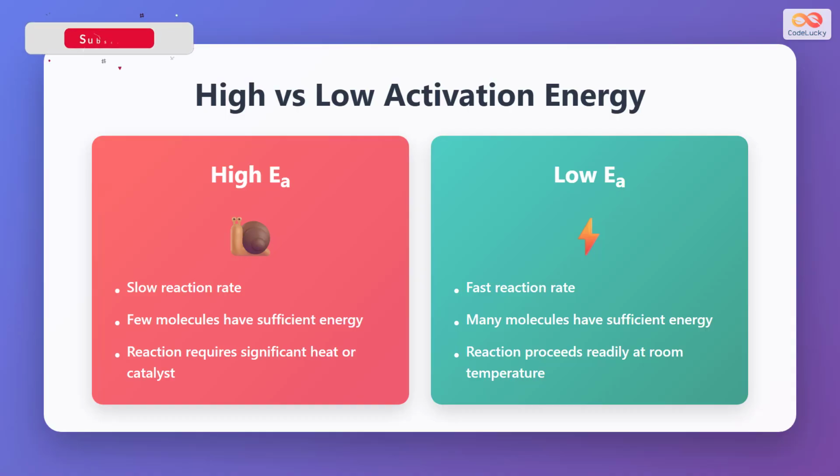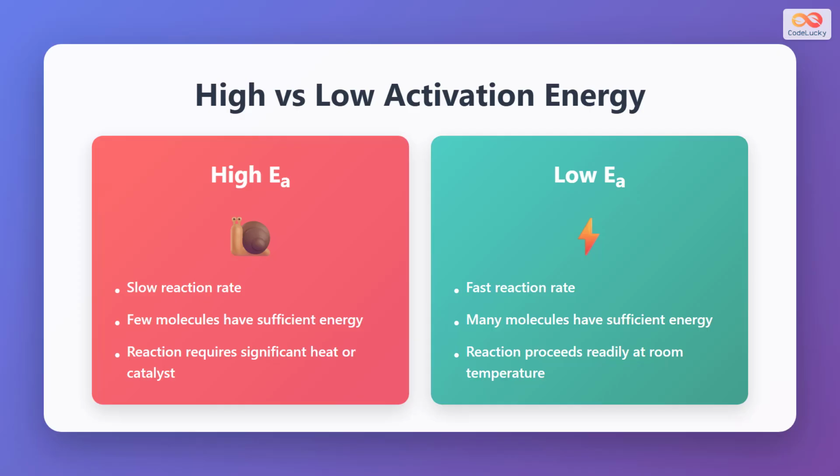The magnitude of activation energy dramatically affects reaction rates. Reactions with high activation energy are inherently slow because only a small fraction of molecules possess sufficient energy to overcome the large energy barrier. These reactions typically require significant heat input or a catalyst to proceed at a reasonable rate. Examples include the combustion of wood, which needs an initial spark or flame.